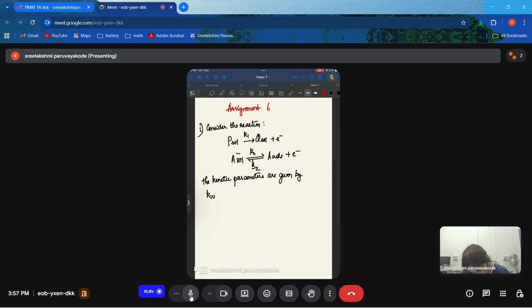K10 equal to 10 to the power minus 5 centimeter per second. V1 equal to 20 volt inverse. K20 equal to 10 to the power minus 6 centimeter per second.